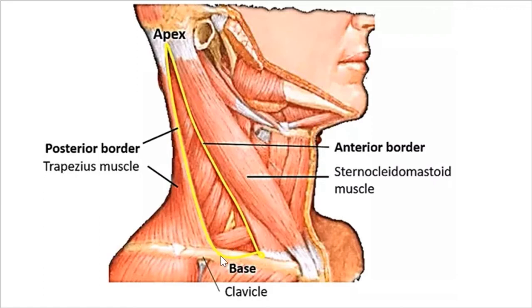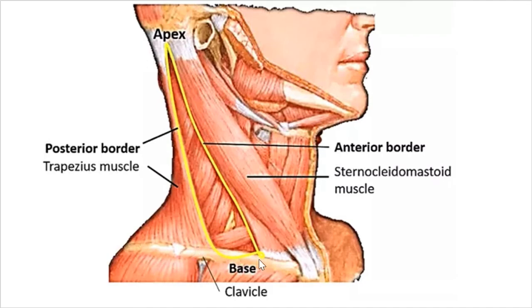Then we have a base. Like any triangle, a geometrical shape, it has a base and apex and borders as well. So the base is formed by the clavicle. Here you can see the clavicle has been divided into three parts: medial third, middle third, and lateral third.